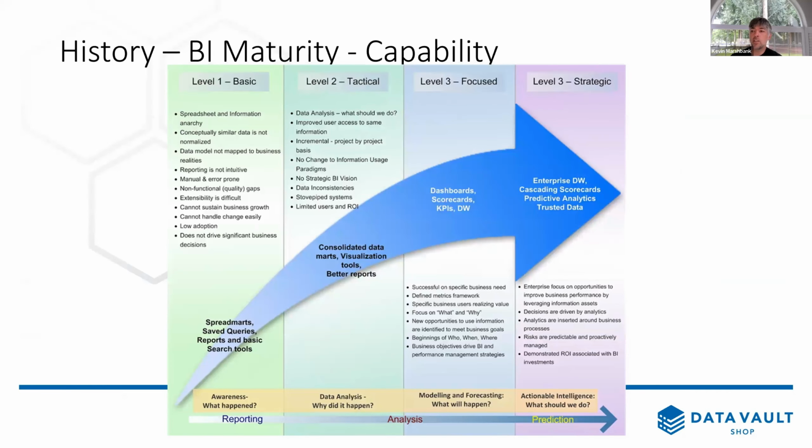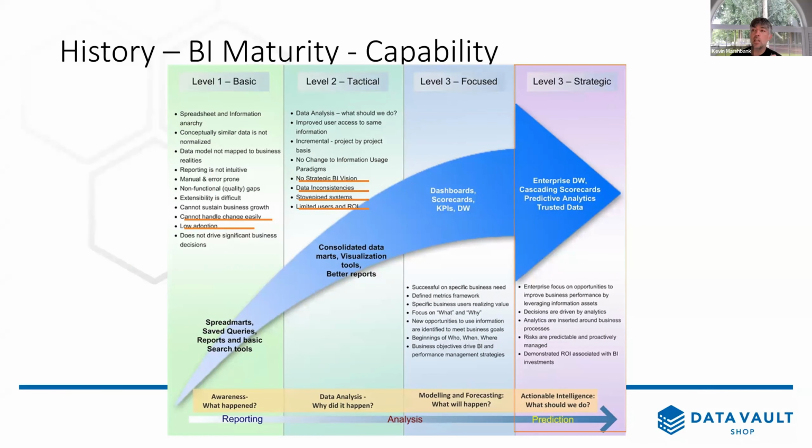There's this chart as well, where you're going from basic up to strategic. We all want to get there, and realistically, you're not going to ever get there when you're building things by hand. We need to talk about data automation, and also the platform and the methodology. All those things come together, and you really need to have that plan if you want to move your whole organization forward to that strategic level.